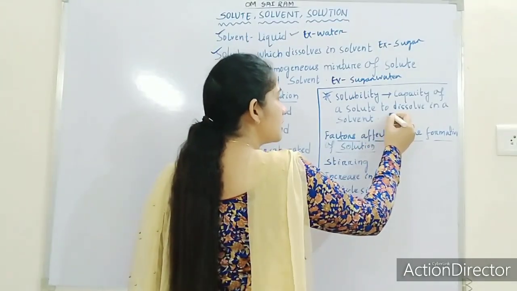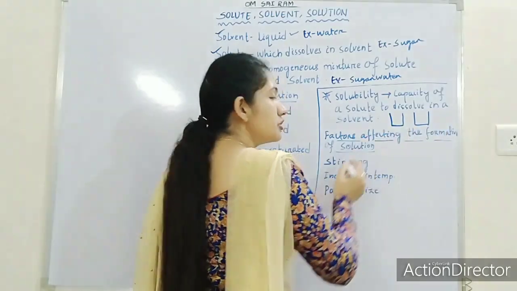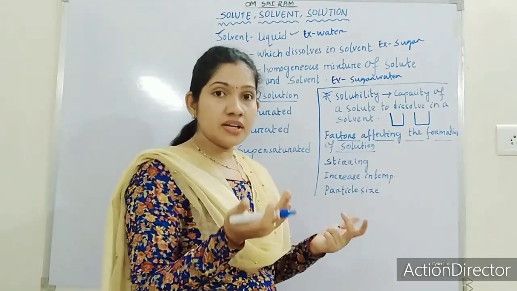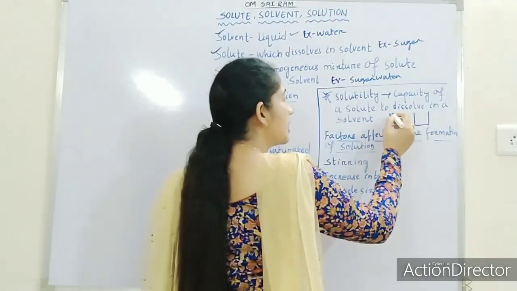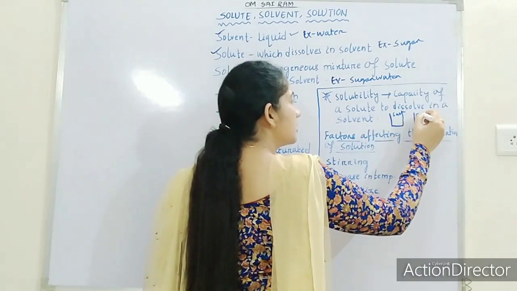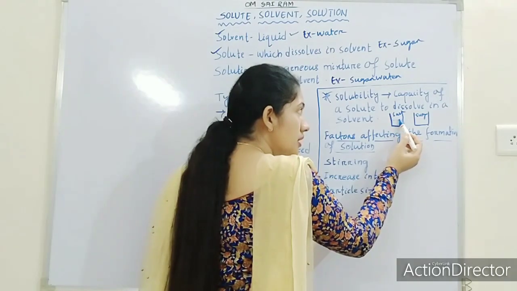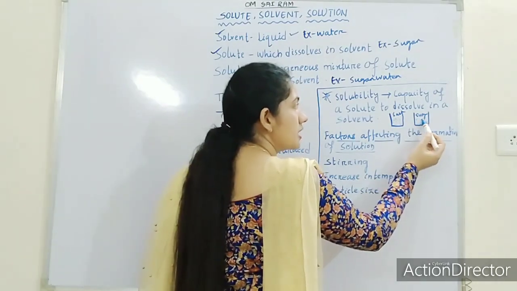Okay, if you take two glasses of water and you add different types of solute there, suppose here you add salt and here you add sugar, you can find that the salt can be dissolved faster than sugar.